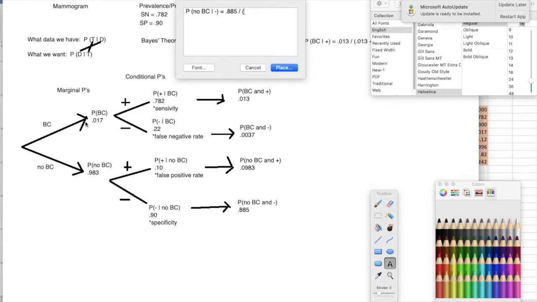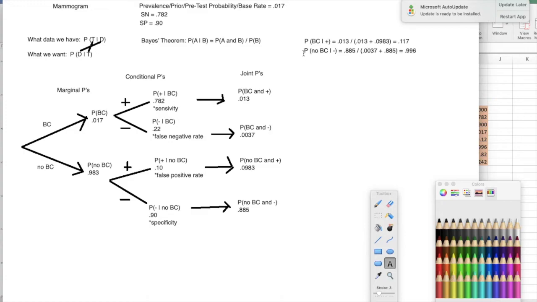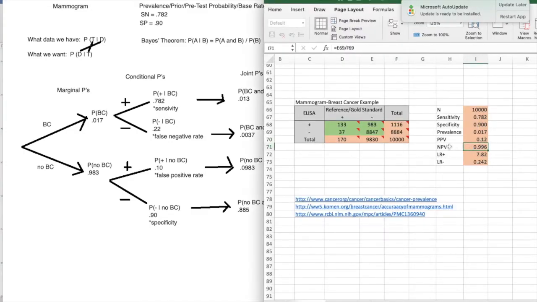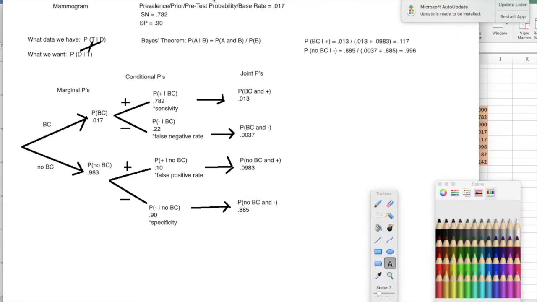So now we're interested in every branch that was negative. So we have two of them. You have this one, 0.0037, plus this one, 0.885, and that ends up being 0.996. Well, hot damn, that looks a lot like our negative predictive value that we had over here. Again, just showing you guys how you can basically do this freehand.